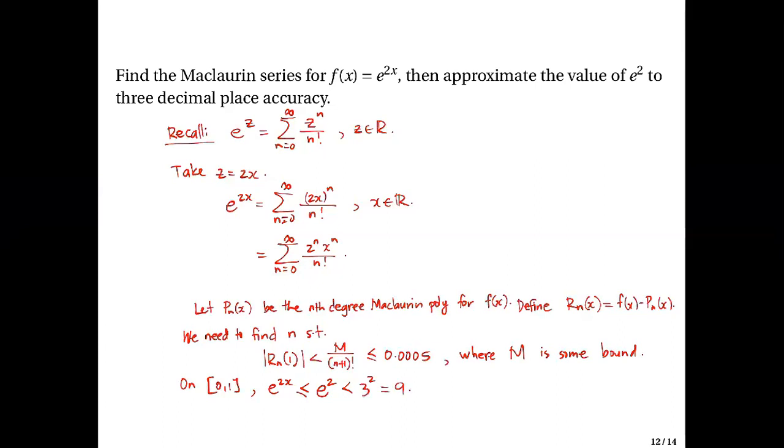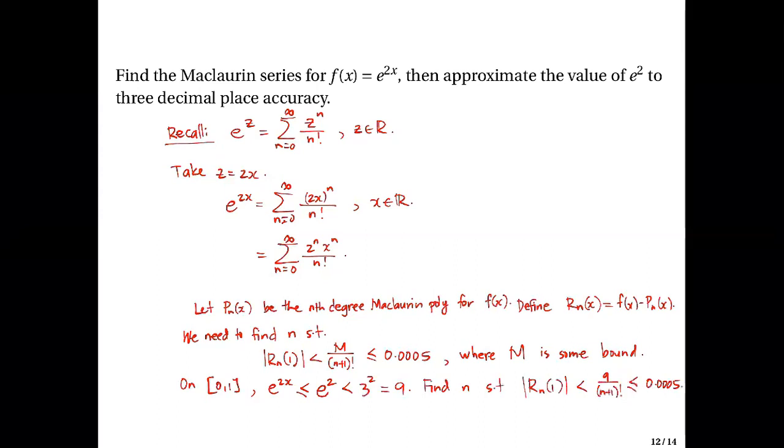So what we need to do is find n such that r sub n of 1 in absolute value will be less than 9 over n plus 1 factorial, and we want this to be less than or equal to 0.0005.